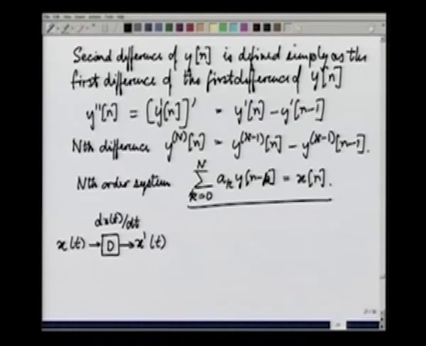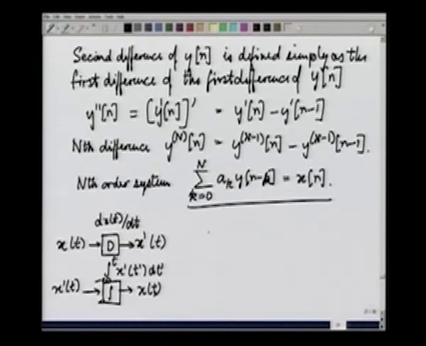Now, the inverse of this would be to apply x dash t to a system which is an integrator and get back x t. What would be the expression that described the integrator? We already know this. I think this has been discussed earlier in the course. It is simply the integral from minus infinity to t of x dash of t dash d t dash. This would give us x t back.